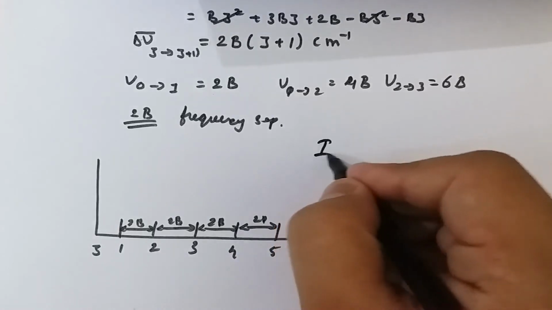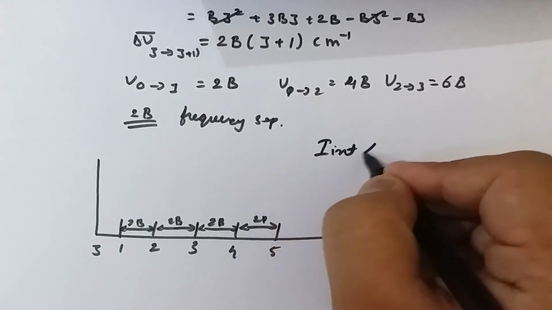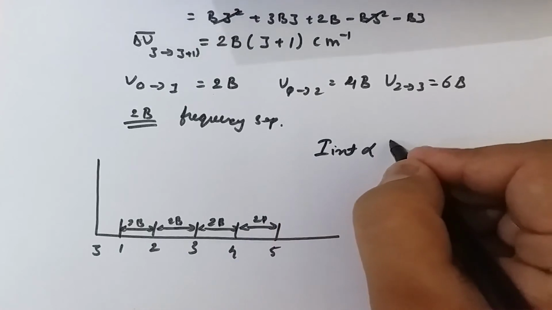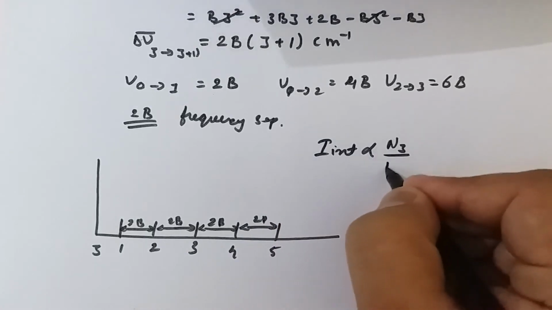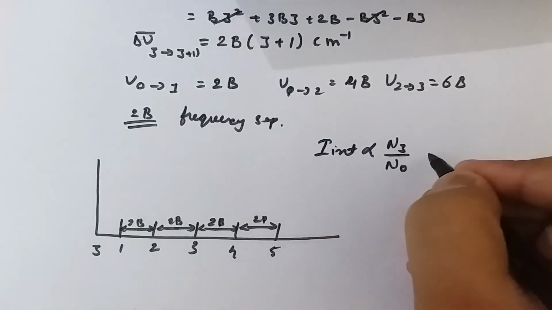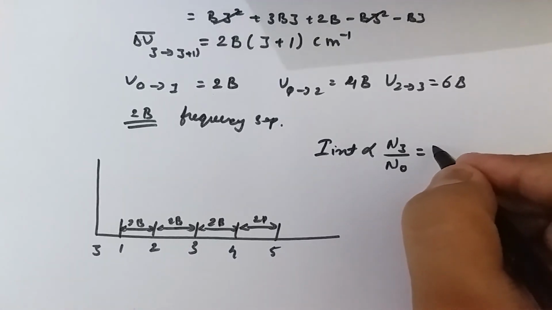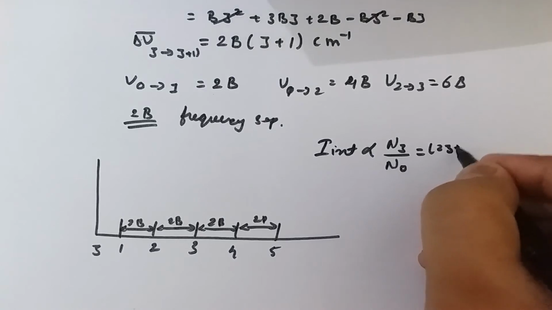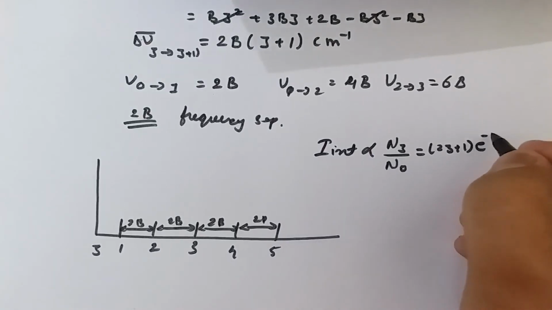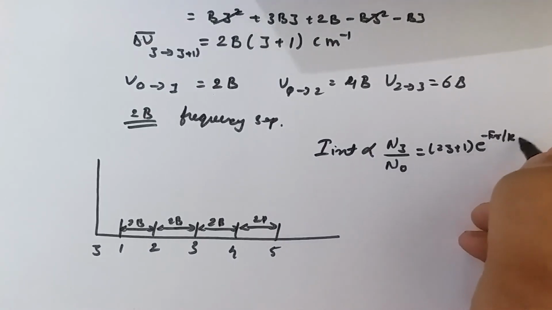So I can write intensity is proportional to the Maxwell-Boltzmann distribution law, which is given by Nj upon N0 equal to Gj, that is the degeneracy, so we will have 2J plus 1 times e raised to minus Er upon kT.